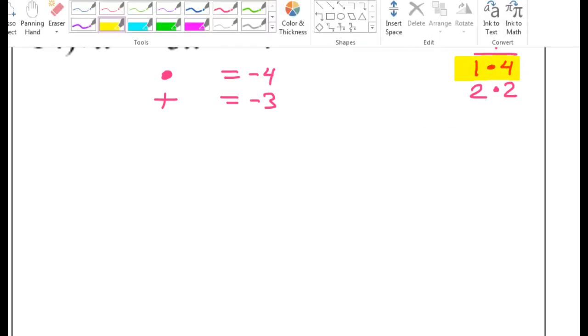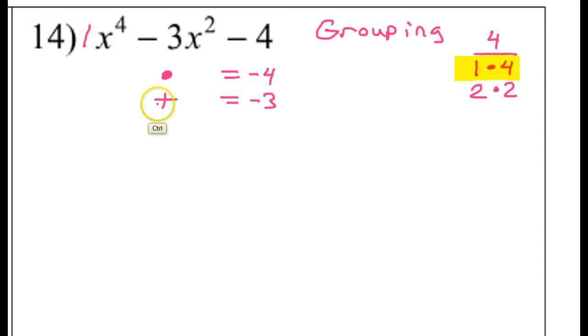If I use 1 and 4, I can get a sum of -3, if I choose the signs right. If I have a +1 and a -4, that adds up to -3. Then I have to use the same numbers for the product. So 1 times -4 is -4, so it works.